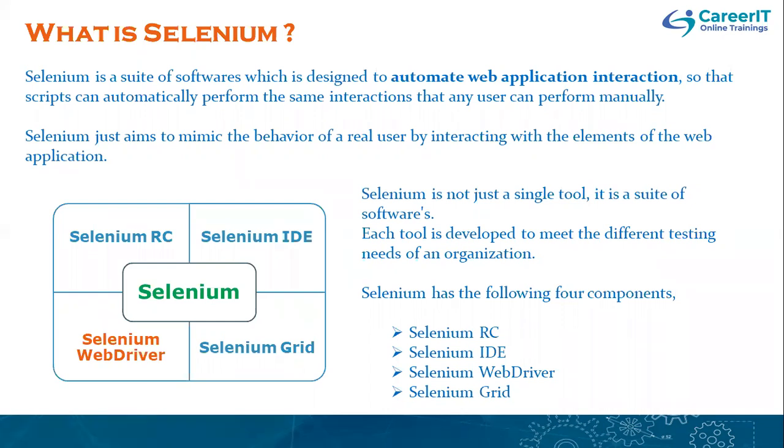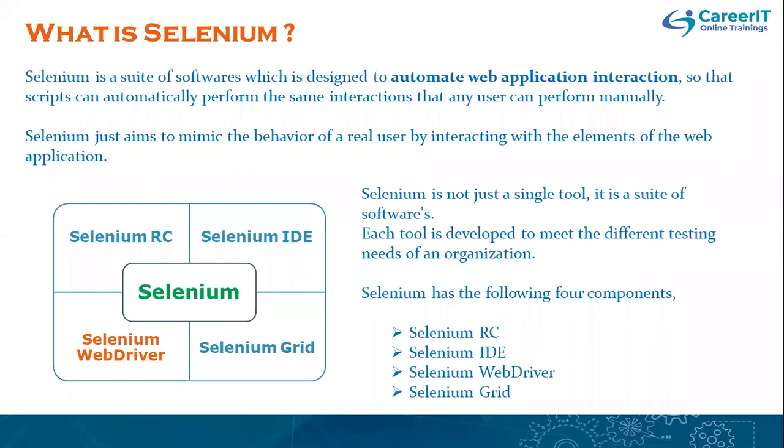Just as a real user clicks on a button, or enters some text into a text box, or selects options from drop downs, the same way Selenium can also perform actions like clicking buttons, entering text, or selecting radio buttons, all of those, right?